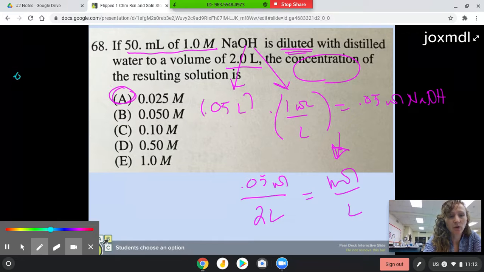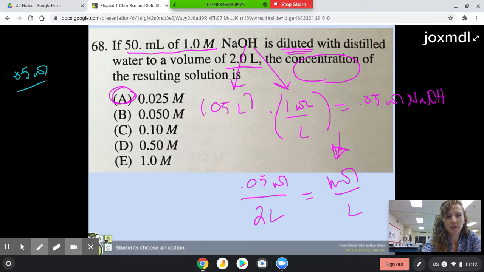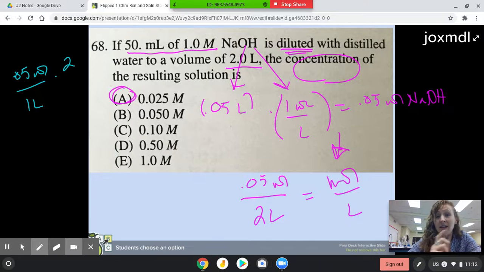So 0.05 moles per 1 liter. If you multiply that by 2, what you're doing is you're increasing the amount of moles and not changing the volume, right? Because if you multiply it by 2, a fraction of 2 would be a 2 over 1. So you're multiplying the moles by 2 and not touching the volume.